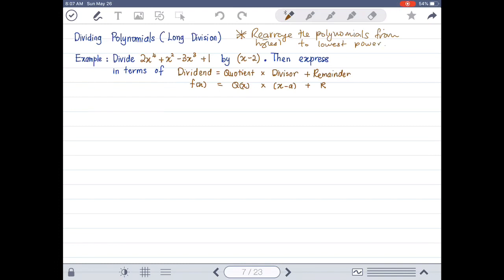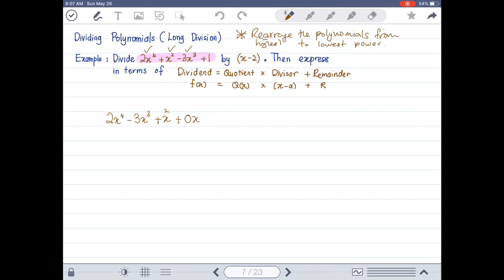In this case, we are given this polynomial expression. We rearrange it from the highest power to the lowest power. So we rewrite 2x to the power of 4, minus 3x to the power of 3, plus x squared, plus 0x.